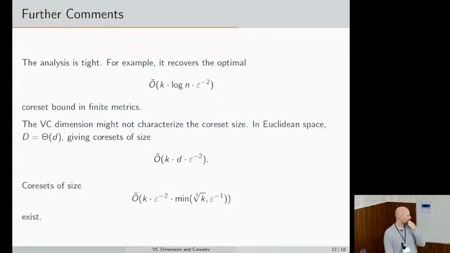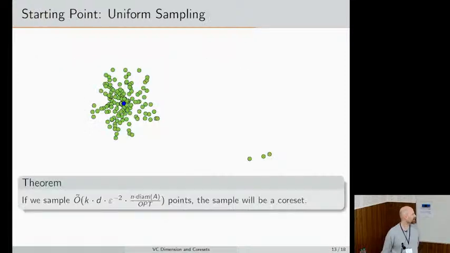Okay, good. So for the remainder of this talk, I'm going to show how we manage to do this. The starting point is going to be uniform sampling again. Uniform sampling already contains many key insights that you need to eventually get the right answer.